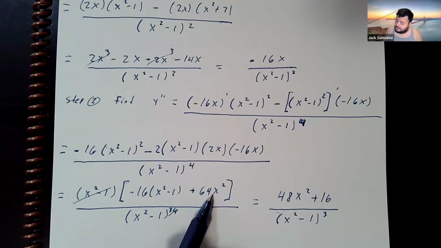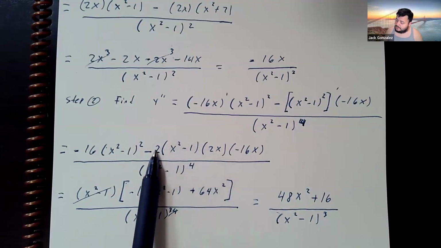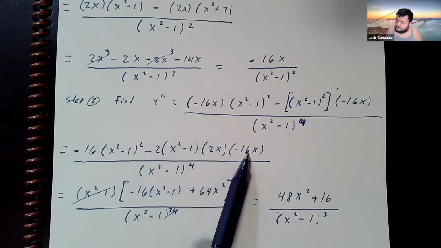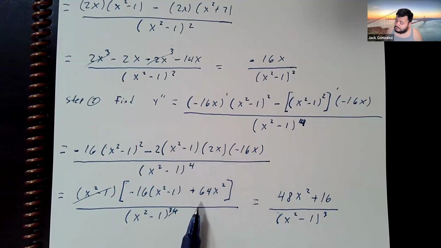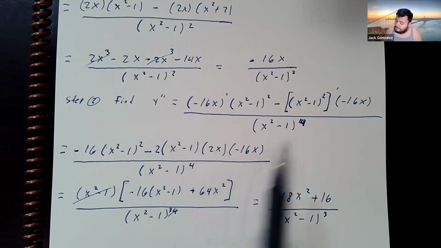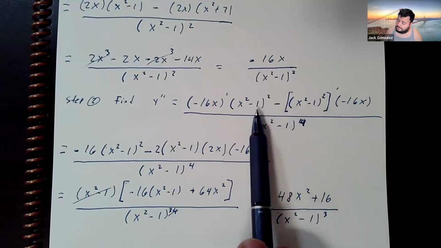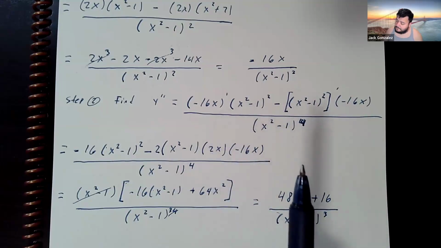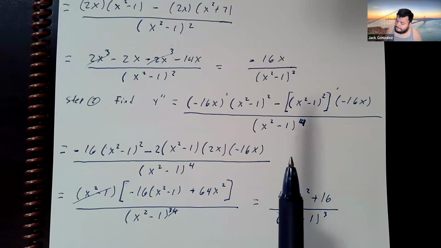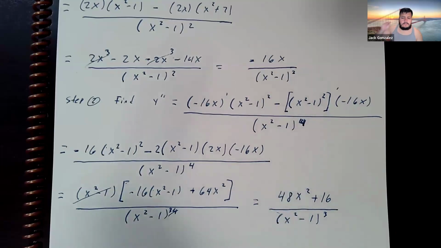This should be positive, so negative, positive, negative, negative. All right, I think it's good, but I'm gonna graph it because now I'm paranoid that I made a mistake.